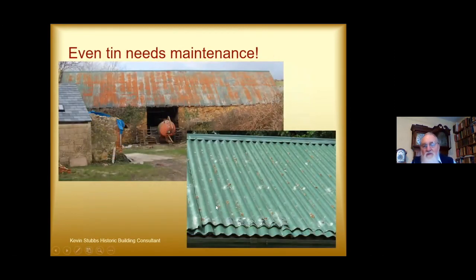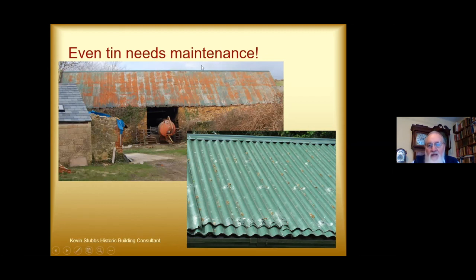The good old historic material, corrugated iron. We don't think of this really as being a historic material, but it's been around since the 1860s, and sometimes you'll find it on your listed barns and buildings, and it's just as much a historic roof covering now as slate and tile.